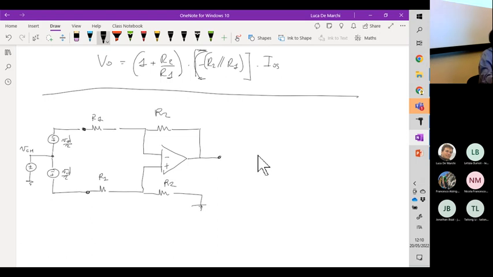Now, if all these resistors are perfectly matched, then we have just the differential gain V out over VID, which is R2 over R1, and no common mode gain. So V out over V common mode is equal to 0. This is the ideal situation, okay?